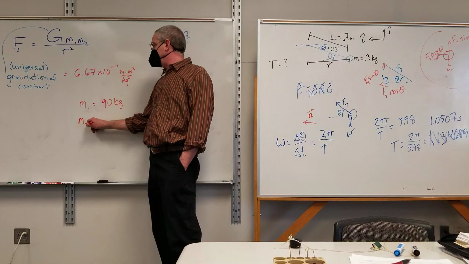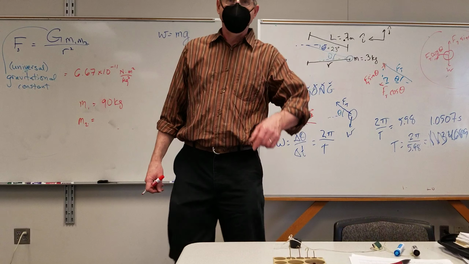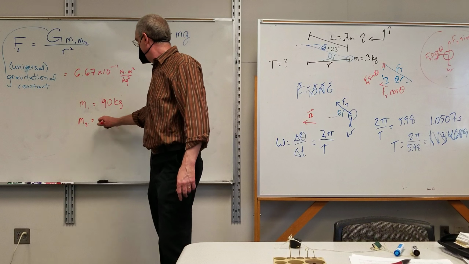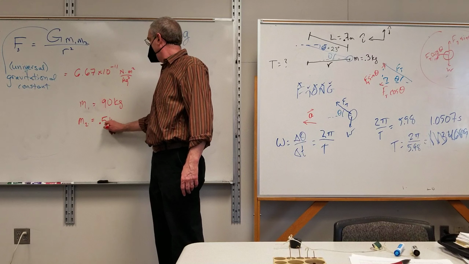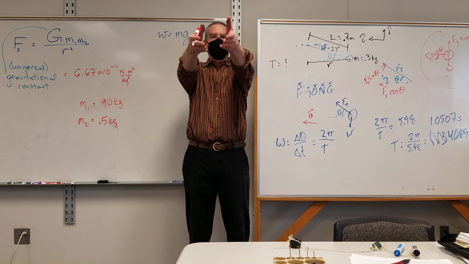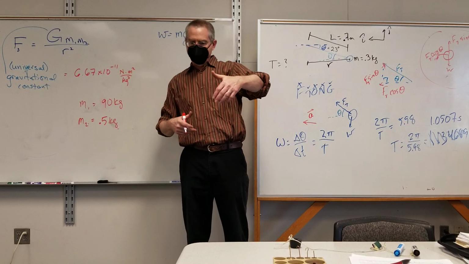And the mass with me, well, we've got a half kilogram mass right there. So what is the gravitational pull between me and the mass that's sitting about 3 meters away?